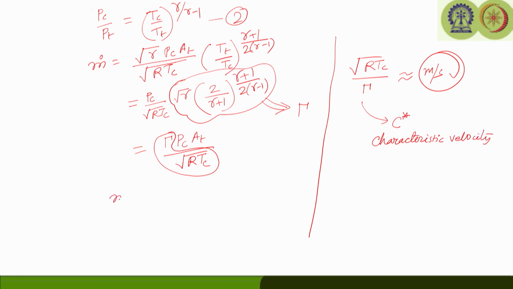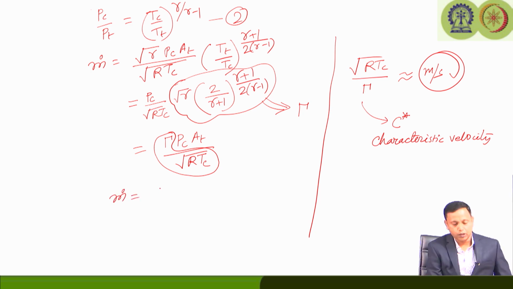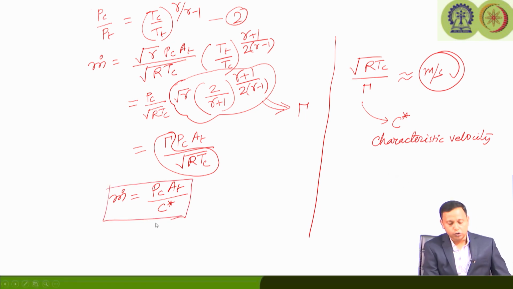So, our m dot is becoming related to the chamber pressure and the throat area with the transfer function C star or the characteristic velocity. So, this is another important equation we use time to time in rocket calculations, various calculations used in rocket performance.